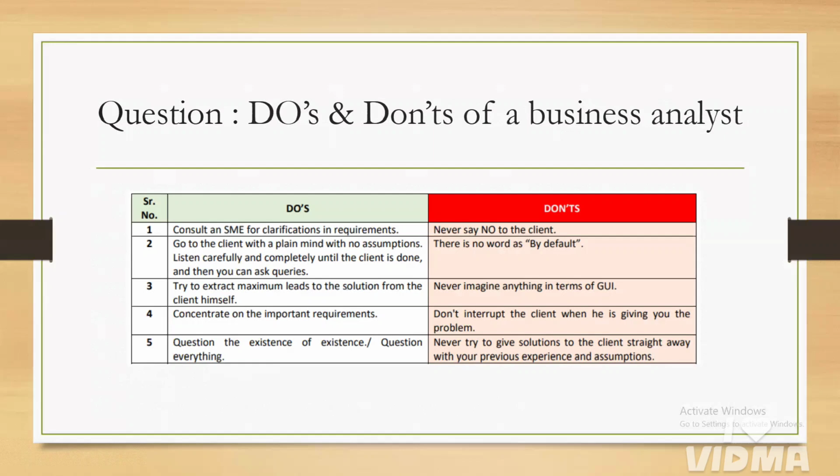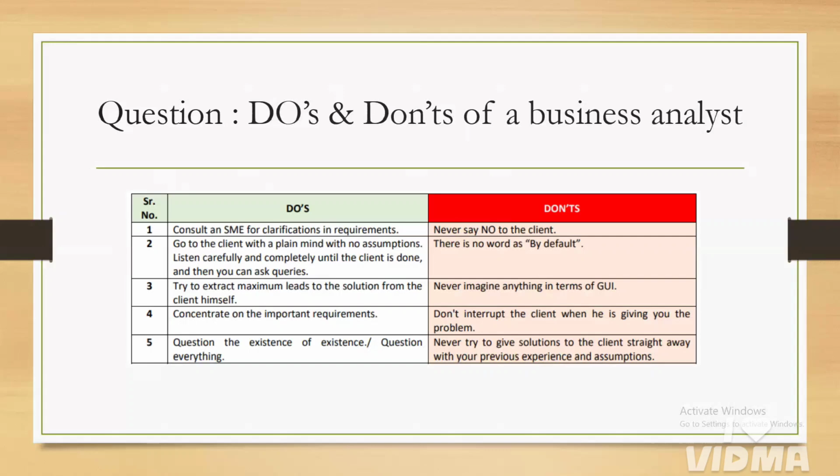SMEs are there for clarifying all the doubts which come from the software people, or from the BA. We go to the SMEs for clarification of any requirements, because they know everything.